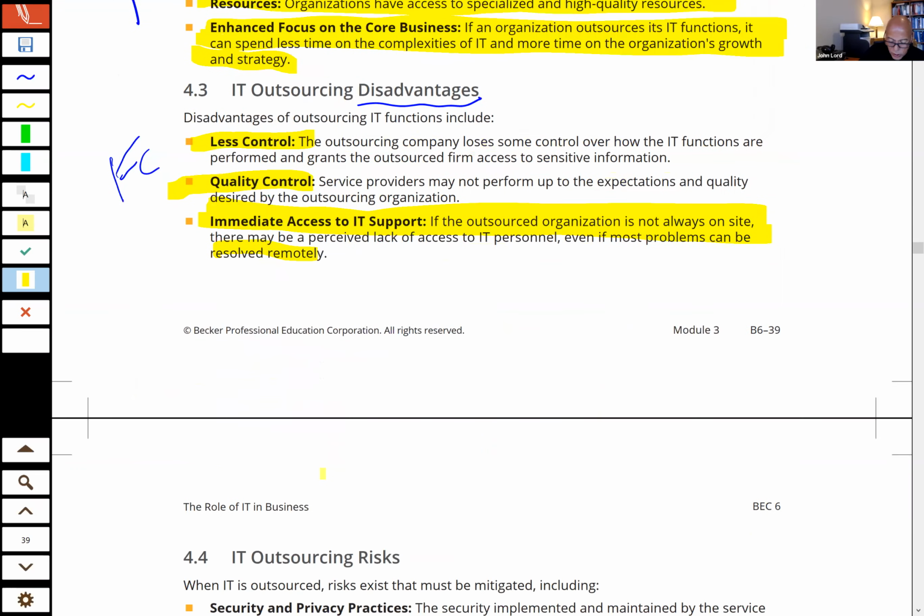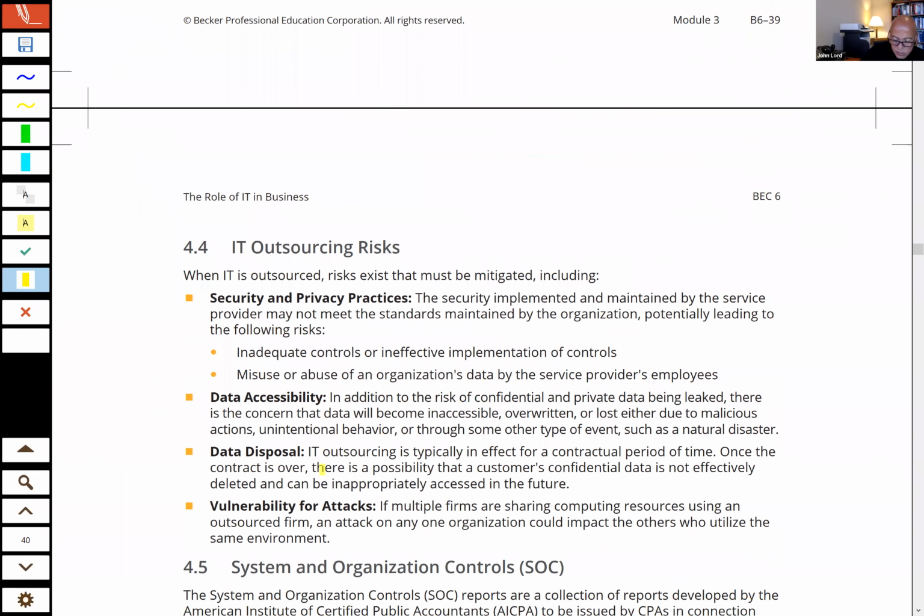Okay, let's take a look at some risks, which can be perceived as a disadvantage as well. Security and privacy issues. You're turning your customer data over to an entity. It's not like you just cast caution to the wind and pray that nothing bad happens.